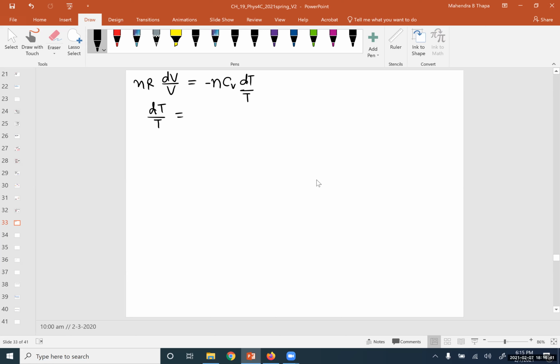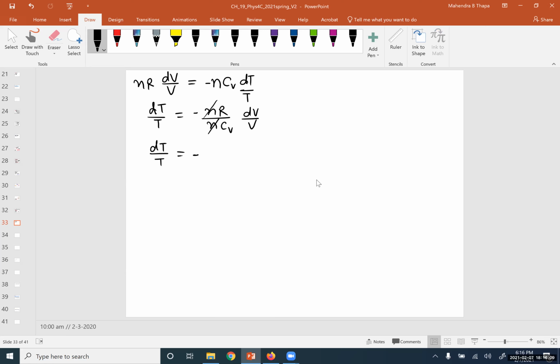So dT over T equals minus nR over n Cv, times dV over V. The n cancels out. So I can write dT over T equals minus R over Cv times dV over V.